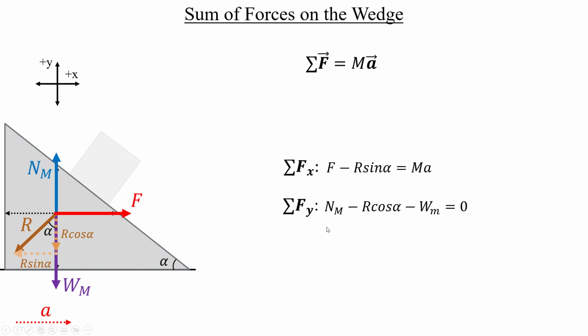Everything balances out since the wedge doesn't accelerate up or down relative to the tabletop, and if we solved for this normal force or the reaction force, it wouldn't put us in a helpful spot for solving for lowercase a here, since we have no idea what F is yet. Ultimately, that's what we're trying to figure out. So let's move on to the block and see if it has anything useful to share.